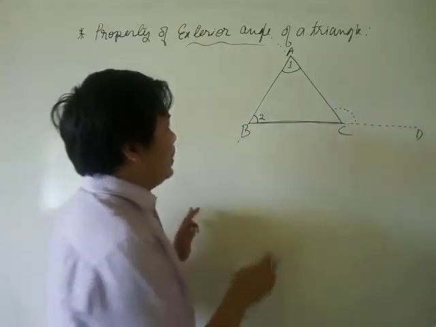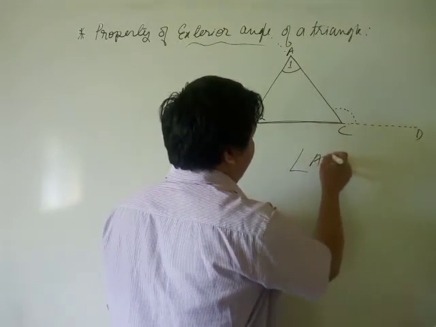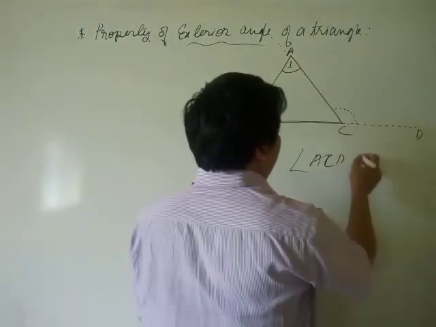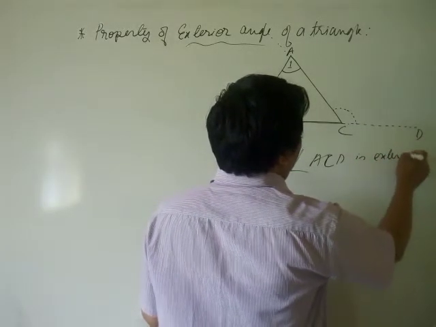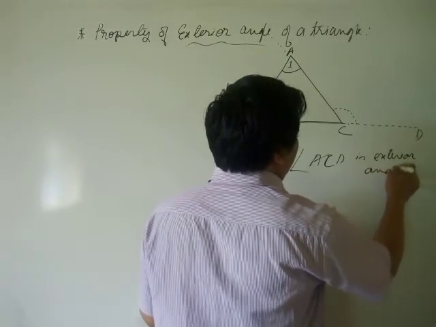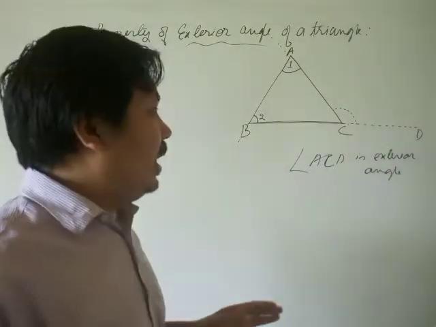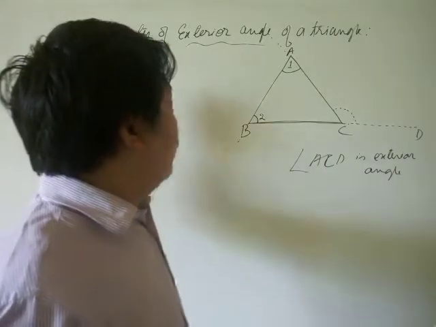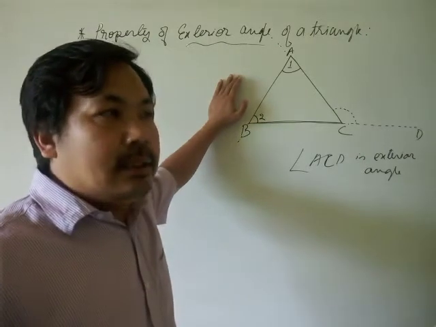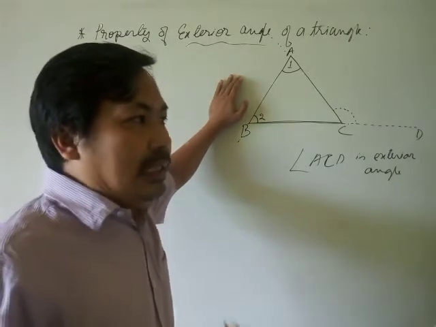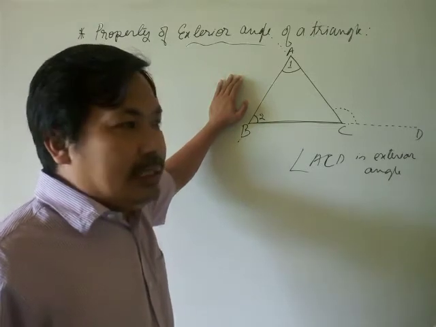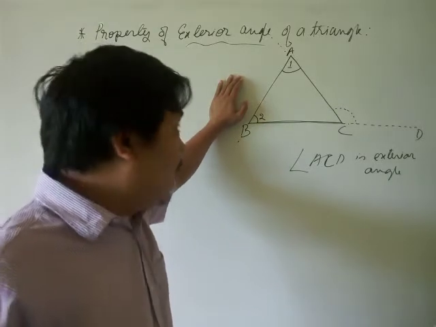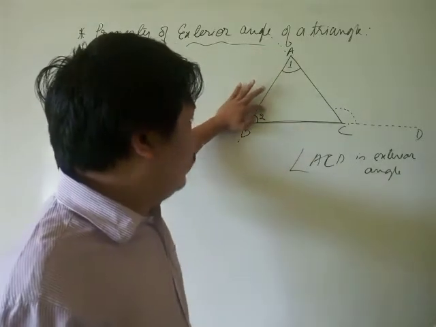The exterior angle is angle ACD. Now we are going to prove the property of the exterior angle, which says that the exterior angle of the triangle is equal to the sum of its opposite interior angles.